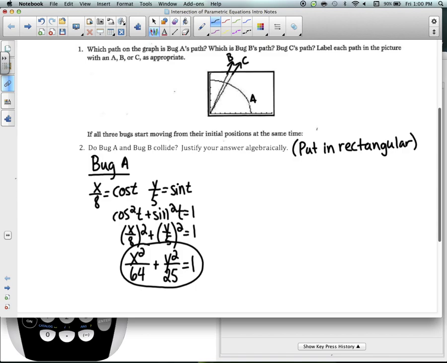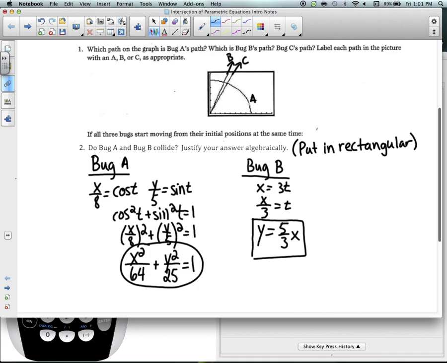We want to find the other one, which will be a little bit easier, so bug B. That's our second equation if we then do a substitution.